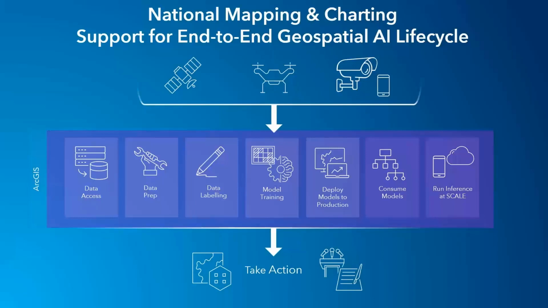The lifecycle starts right from the time you access and collect the data, conduct data preparation for labeling, and with ArcGIS, users can start with pre-trained models or do their own training, as well as monitor, ensure proper quality assurance and validation, and run their inferencing at multiple scales in production environments. And of course, being able to loop back to make decisions based on inferencing outcomes that solve an organization's real-world problems.